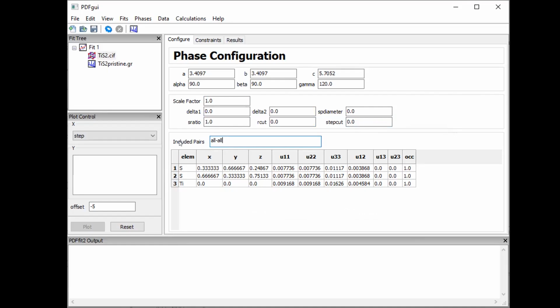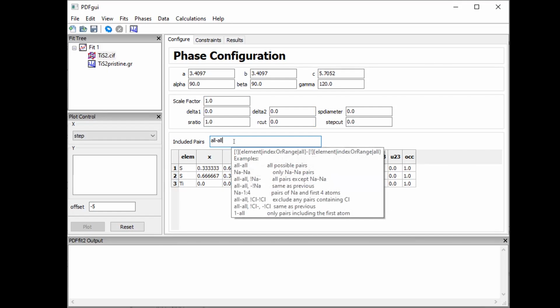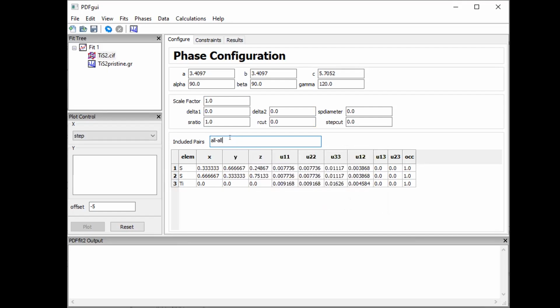So this is saying that we will compute the PDF data based on this structure using all the atomic pairs. But we can play with this. I don't know if you can see this kind of menu that is hanging around the cursor. You put the cursor here, there will be a sub-menu hanging around, suggesting that you can change them, right?